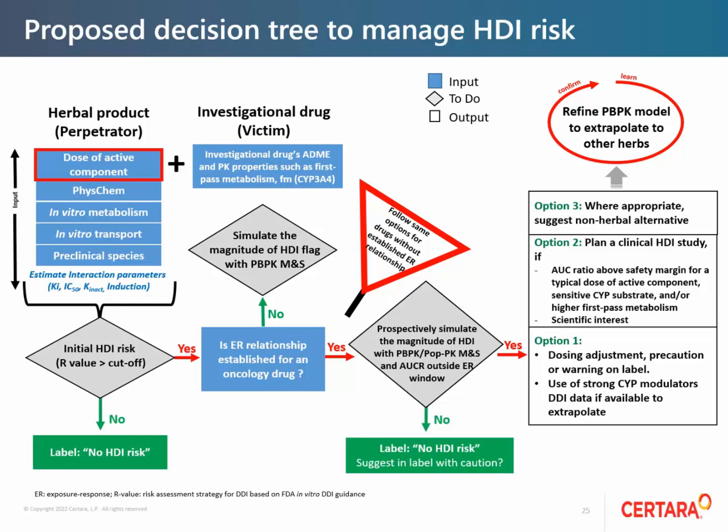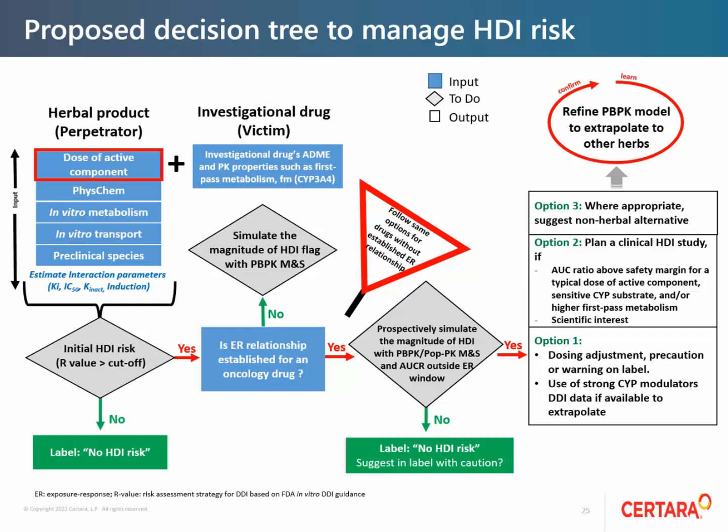So one option is to have a precautionary label on your victim drug, of course, but you can also use data from strong CYP modulators, for example, for bergamottin, and extrapolate that data to your herb perpetrator. And this would be particularly useful for sort of worst case scenario predictions.